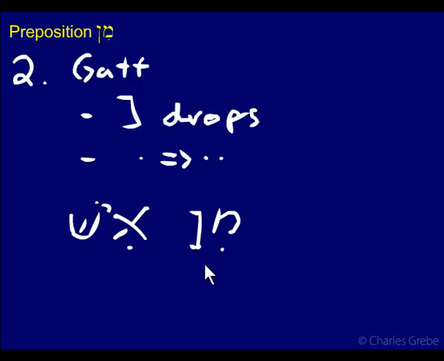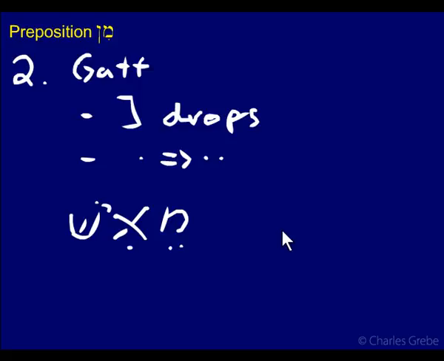This cannot assimilate, so it drops, and this will lengthen. So let's drop this guy. We'll tuck these ones up here just to make it more like a word, and this guy will lengthen to etsere. And it makes sense that a hitic lengthens to etsere because it's in the same vertical family, if you remember your vowel chart. So nun drops, and you get compensatory lengthening hitic to etsere.